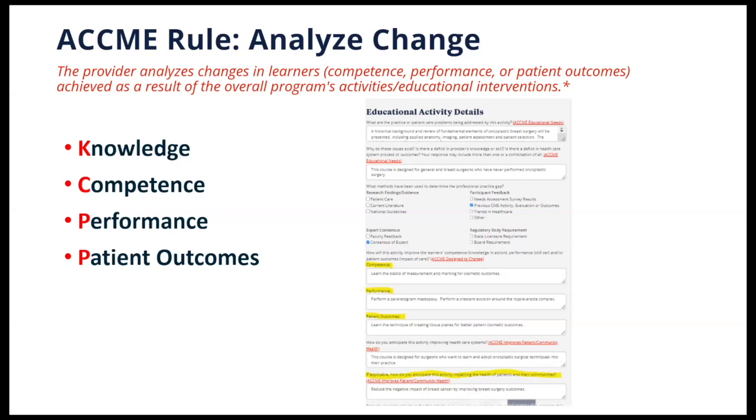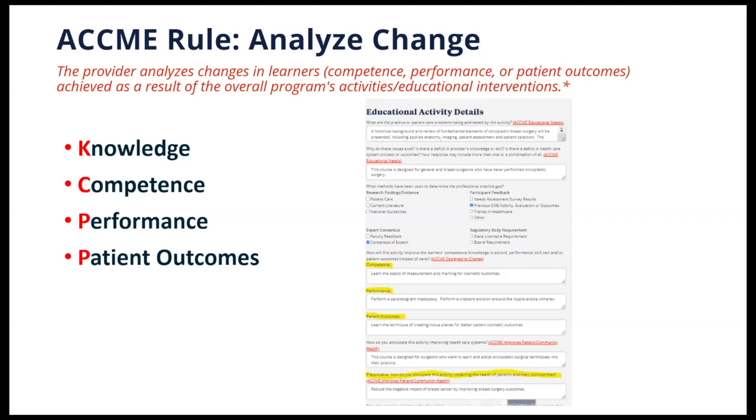We would like to bring to your attention that we collect this data and information about changes that result from educational interventions, including changes it expects learners to make. So those changes that learners usually make have an impact on patients. So keep that in mind when you're completing those three key areas on your application.